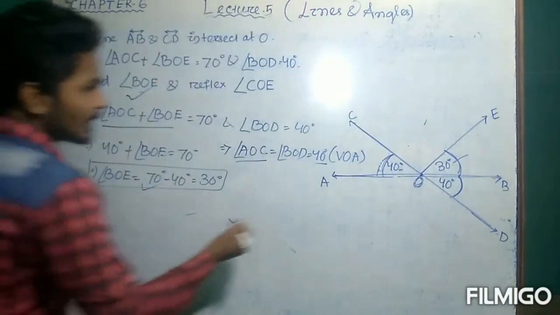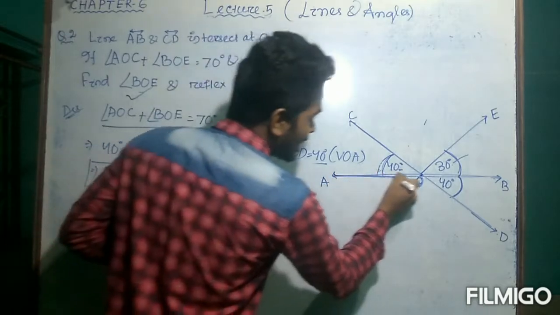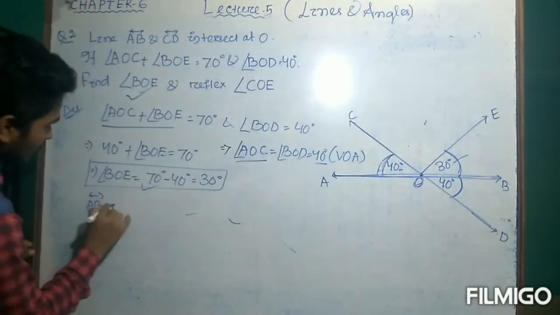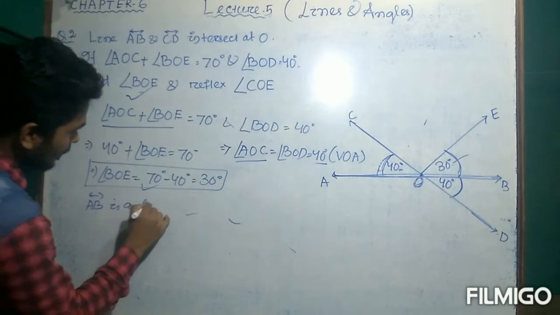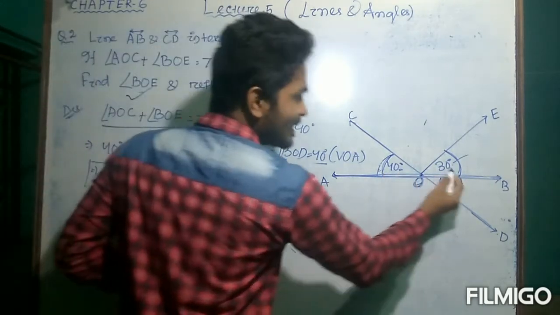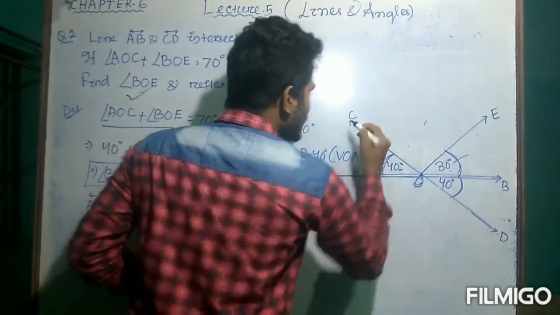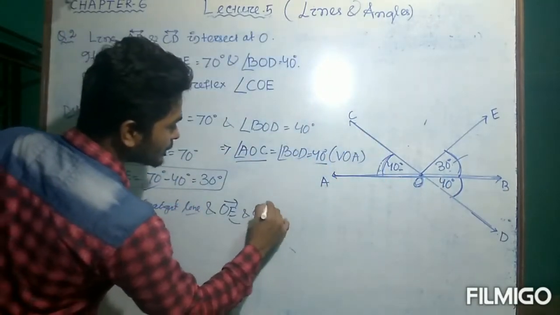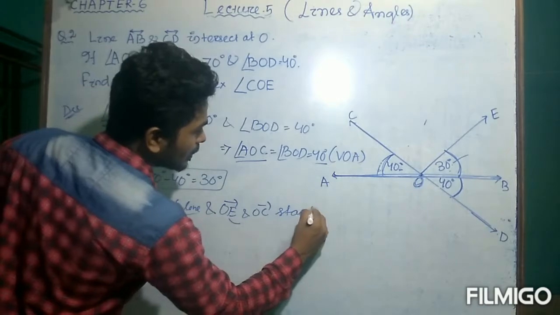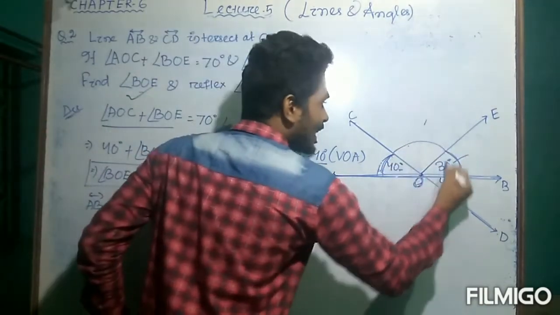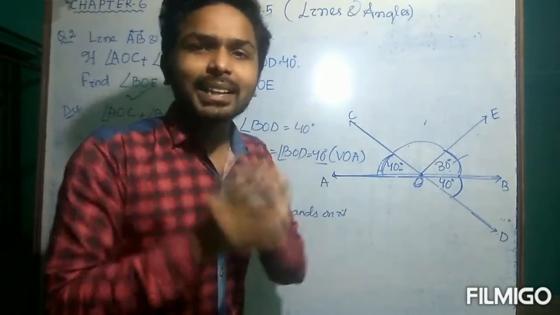How? See, it is a straight line. AP is a straight line. And AB is a straight line and OE, OC are two rays standing on it. So this angle plus this angle plus this angle is equal to 180 degree.